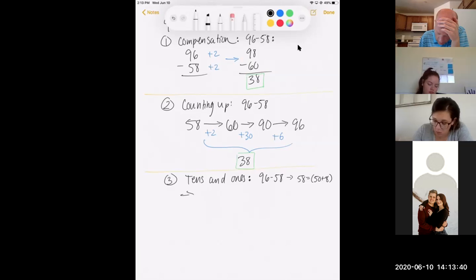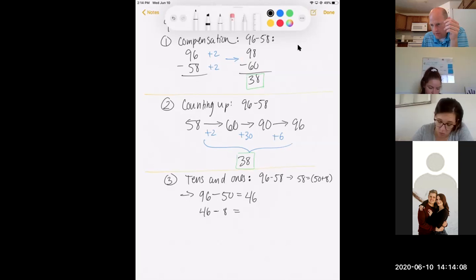And now I'm going to subtract off the tens and then the ones, since we're subtracting. 96 minus 50 is equal to, so I'm just thinking about the tens place when I can do this. So 90 minus 50 is the 40, but the 6 comes along for the ride. Then I do 46, subtract off the rest of the ones I need, which is 8 ones.